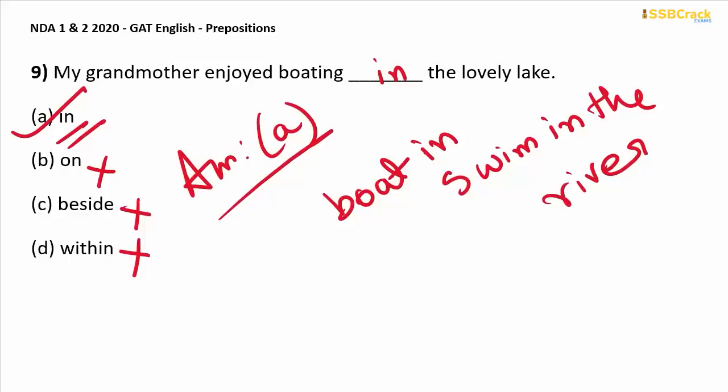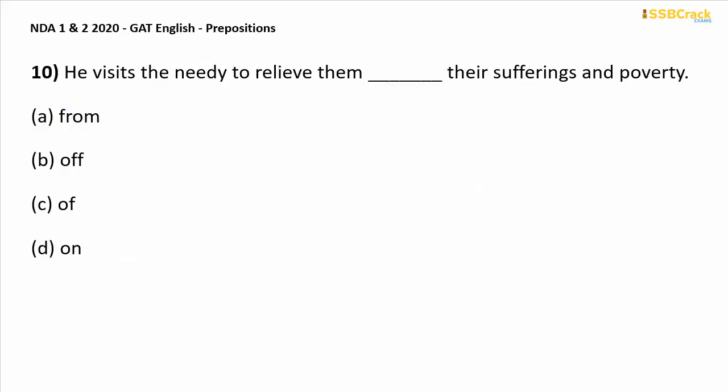Okay, let's go to the next question and the last question from the preposition section in the GAT paper of NDA 1 and 2 2020 exams, and it is, he visits the needy to relieve them dash their sufferings and poverty. So again there is a confusion among the students regarding what preposition to use here. Many of them say relieve them from their sufferings and poverty.